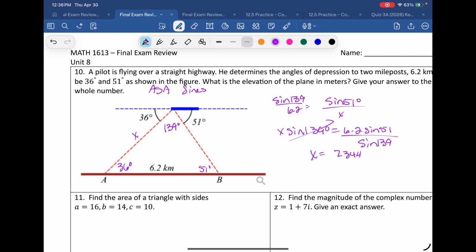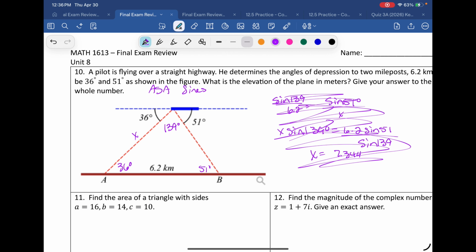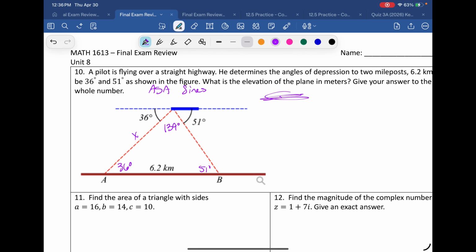Oh my goodness. I thought that looked too big. That's better. Same principle though. Cross multiply.